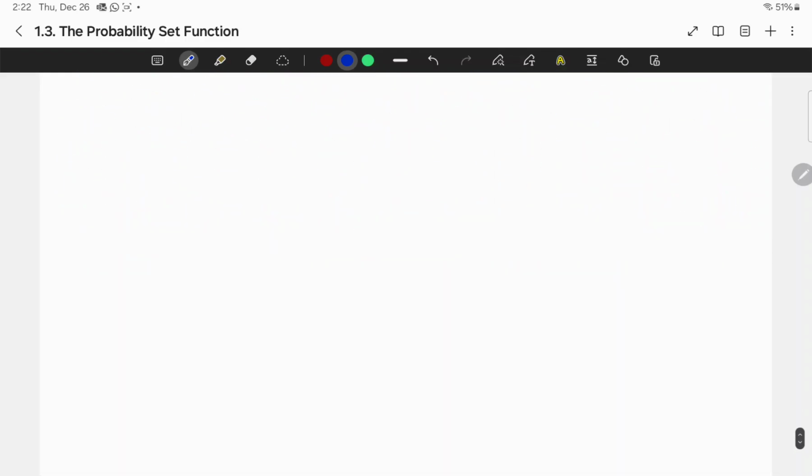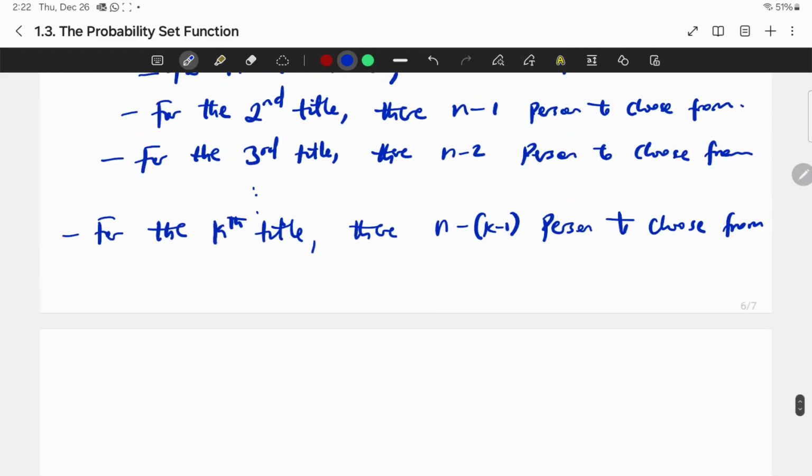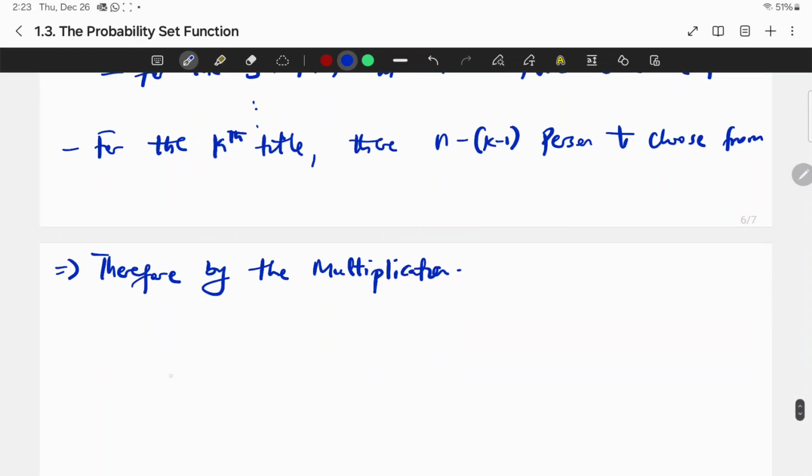Okay, so with that now, by the multiplication rule, we can multiply everything together. The first person, we have n persons to choose from. The second person, we have n-1. The third, we have n-2.